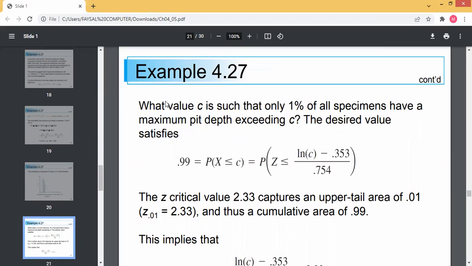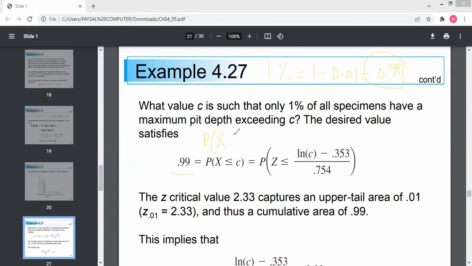So when it is 1% of total, it means 1 minus 0.01, which will be equal to 0.99. Okay, so it will be 0.99.